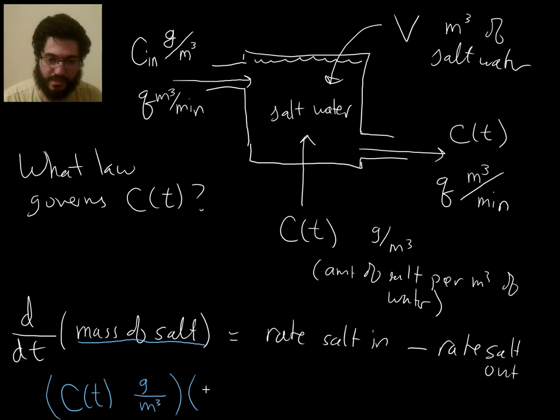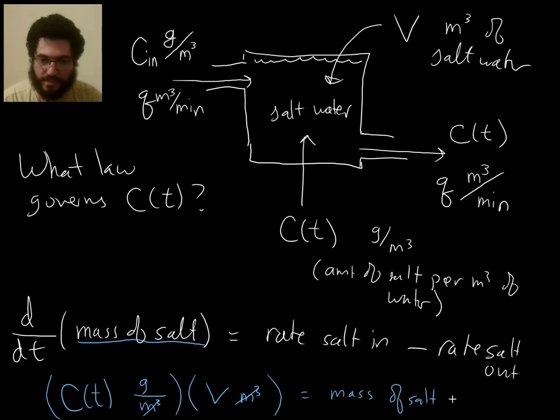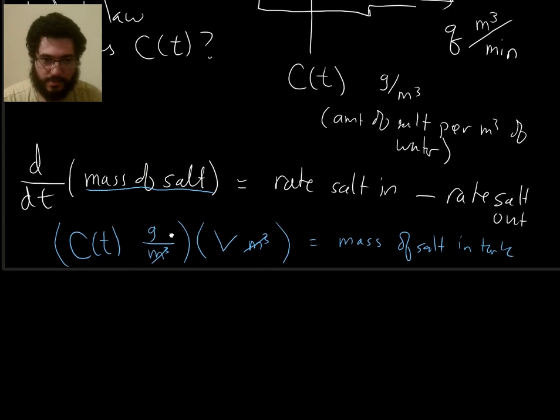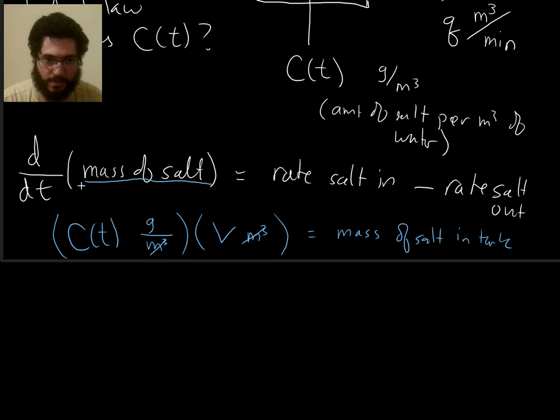And the tank contains V cubic meters of liquid. So when you multiply these, that tells you how many grams of salt are in the tank. So that's what goes here. Okay.